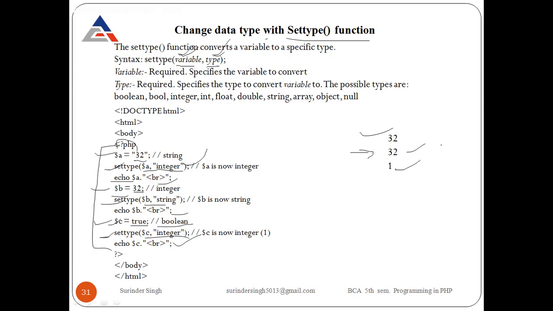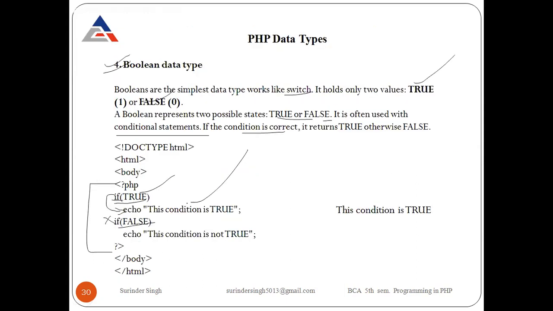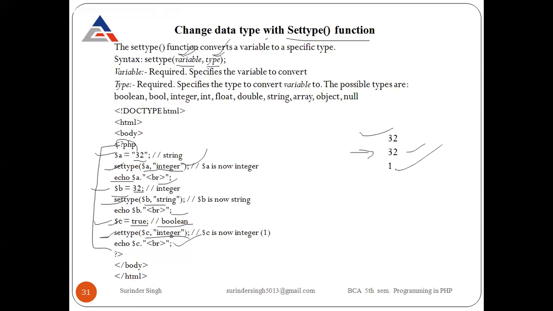It will print 1 because true means 1. If the Boolean is false and we print it as an integer, it will print 0. C is now integer.